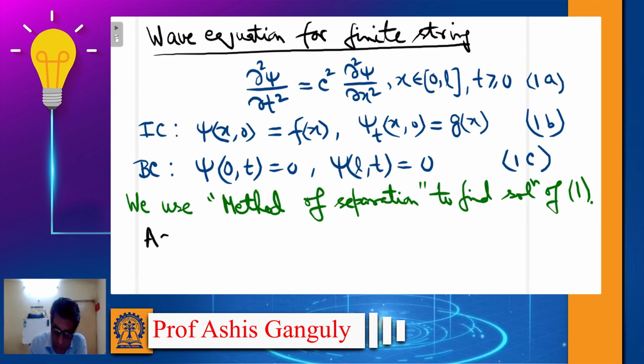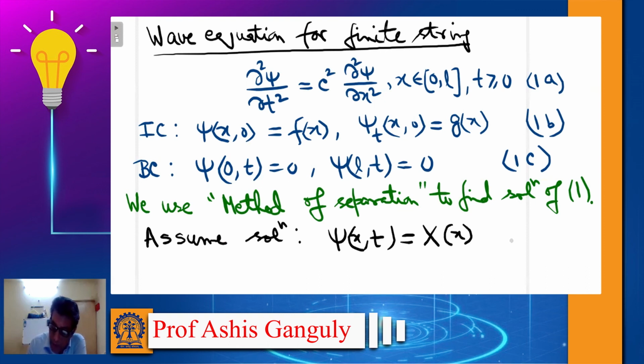Here we assume, as we discussed in the introduction, a solution in separable form, like psi(x,t) equal to capital X(x) times capital T(t), where capital X is a function of x only, capital T is a function of t only.